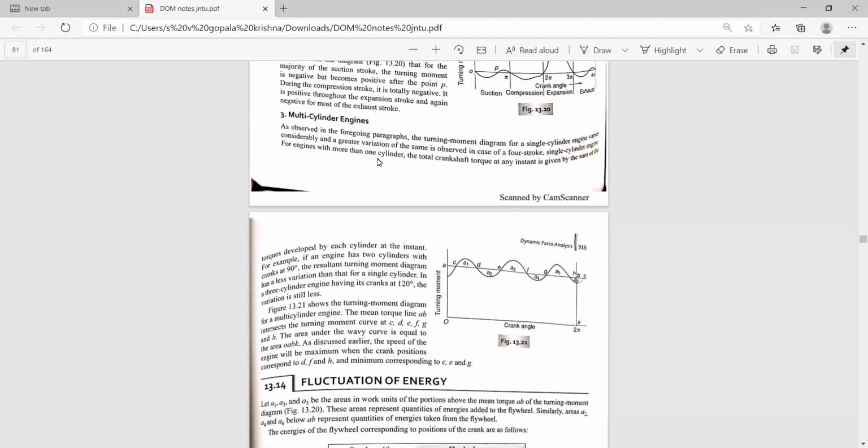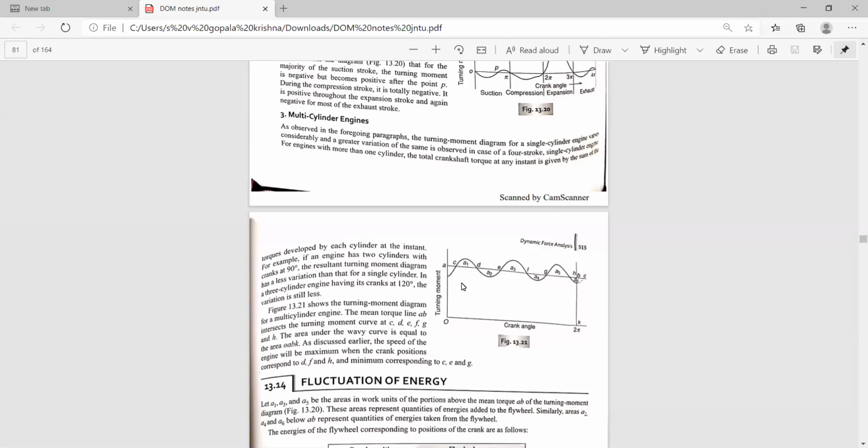So when you have more cylinders, then when we complete one revolution, at each stroke we may also have one power stroke. So just all of you observe that.